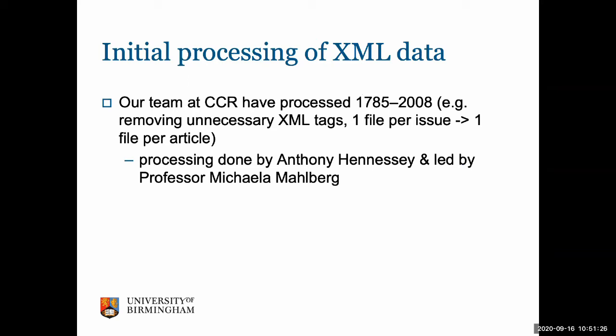That involved, for example, removing unnecessary XML tags, changing the data structure from one file per issue, so a daily issue of the newspaper, to one file per article, which is more useful if you want to categorize different articles by the section of the newspaper and so on. This initial processing of the raw data was done by our colleague Anthony Hennessy, as part of a project led by Michaela.